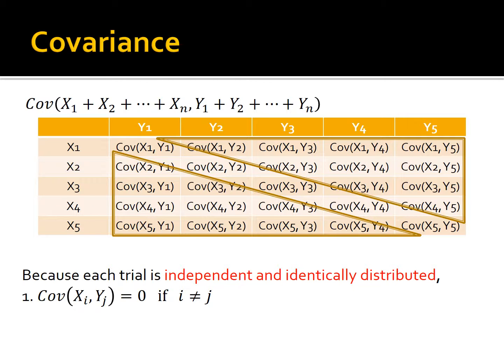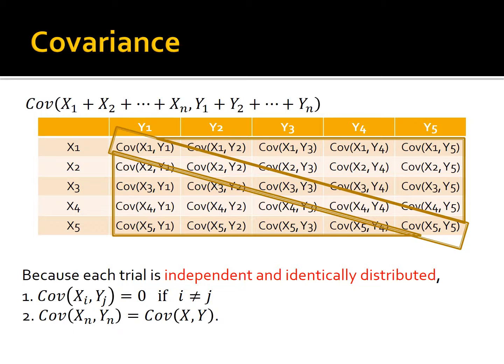So the knowledge of one trial is not related to another trial because each trial is independent. And then on the diagonal element, the covariance of x sub n and y sub n equals the covariance of x and y, because both x and y in any n are identically distributed.